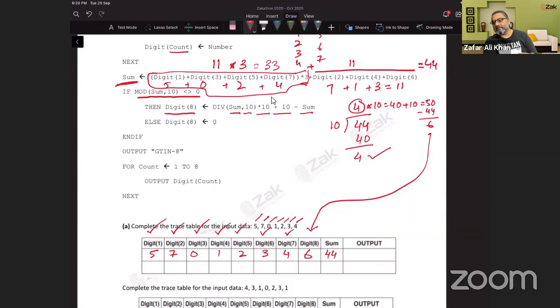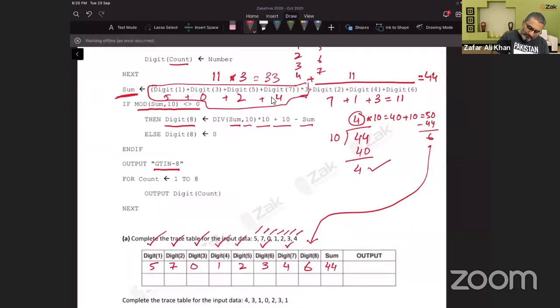So 6 is saved. So this is what do we call it? Oh, validation, check digit. So this is the check digit. So output GTIN. You have to write GTIN, and then for count is equal to 1 to 8, output digit count.